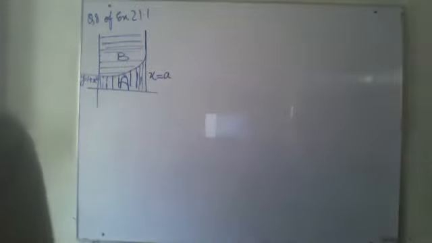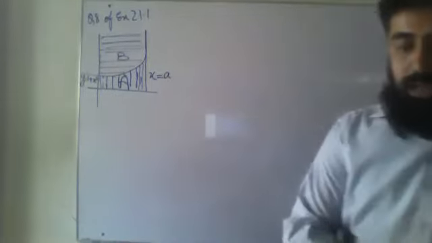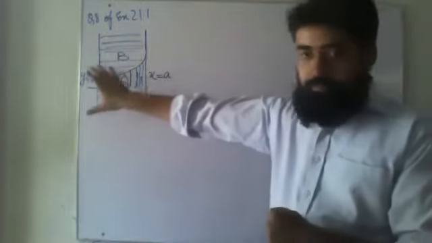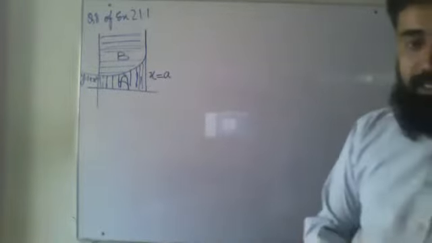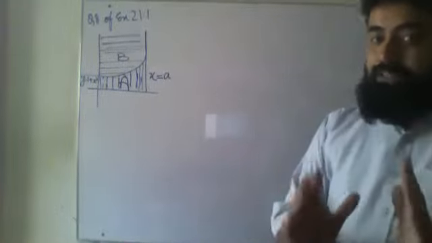The concept of integration application, beta, is that whenever we have any curve and I want to find the area under that curve, I have to integrate that equation between the limits.